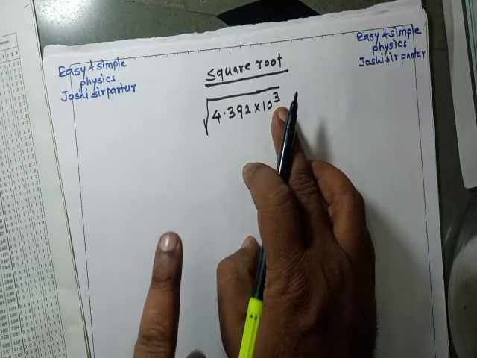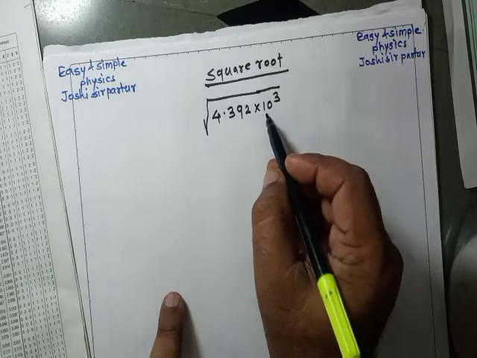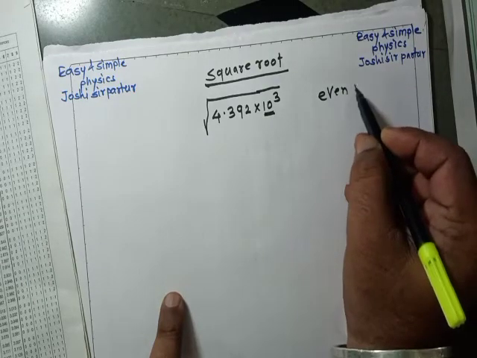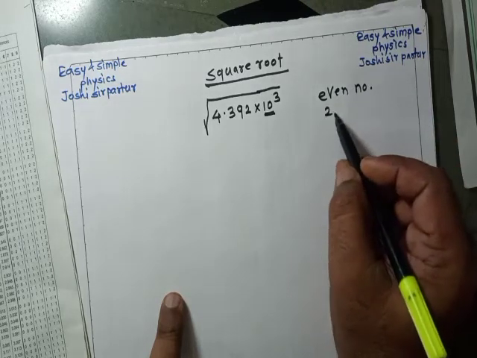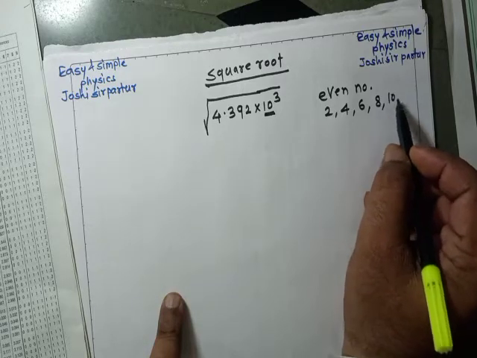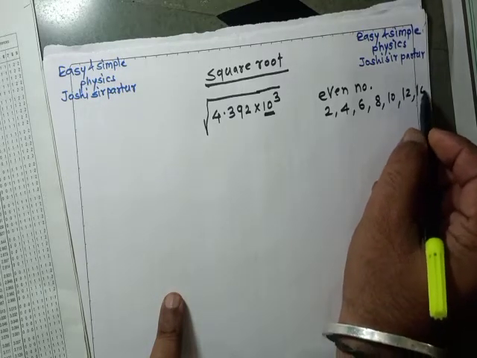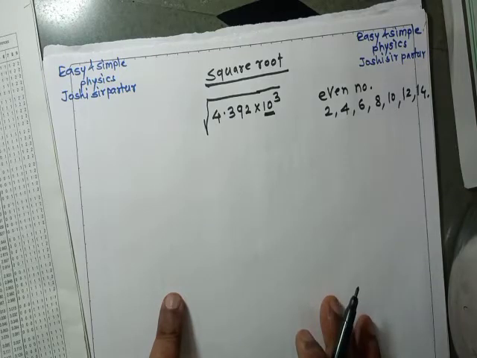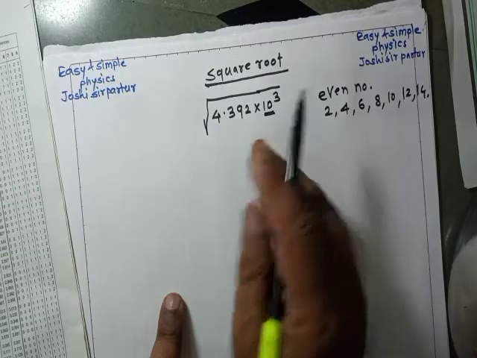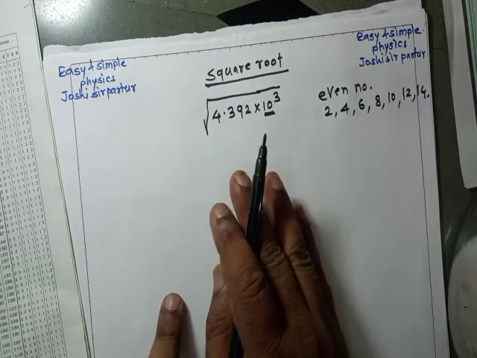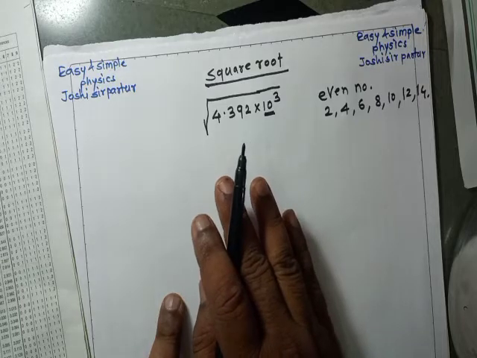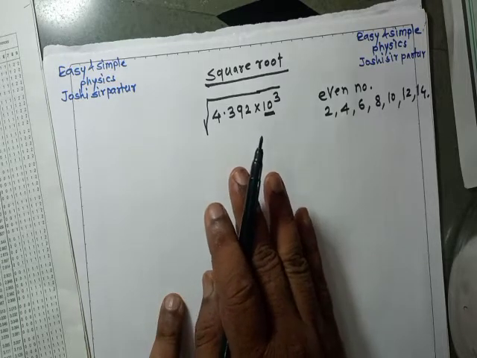We have to remember that the power of 10 must be an even number, such as 2, 4, 6, 8, 10, 12, 14, etc. But if the power is odd, then we cannot find the square root, or if we find it, the square root is wrong.